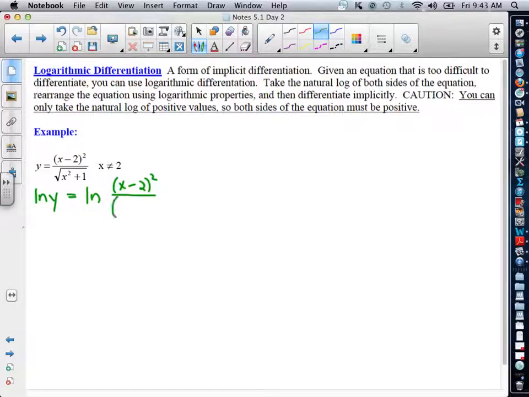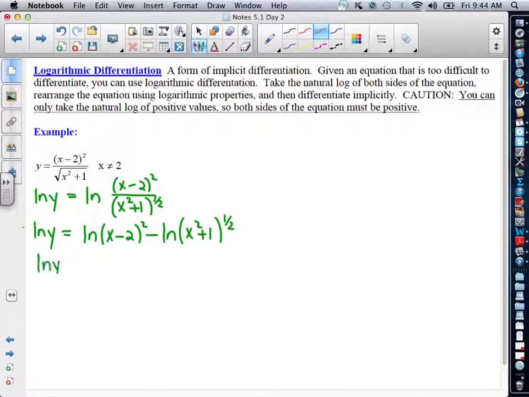And what that allows you to do is now on the right-hand side, I can separate this using my properties for logs. So my properties for logs say if I have division, I can separate this into two separate logarithms. Division I can expand into subtraction. I can also take these exponents and put them in the front as coefficients.